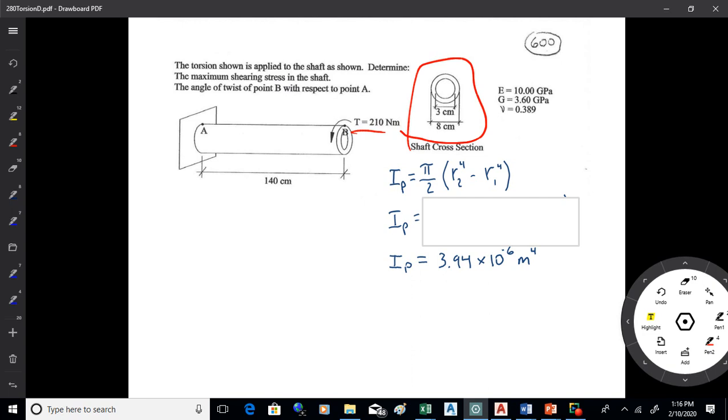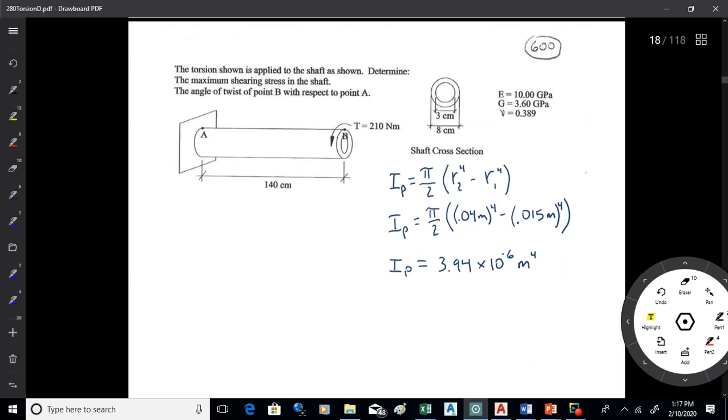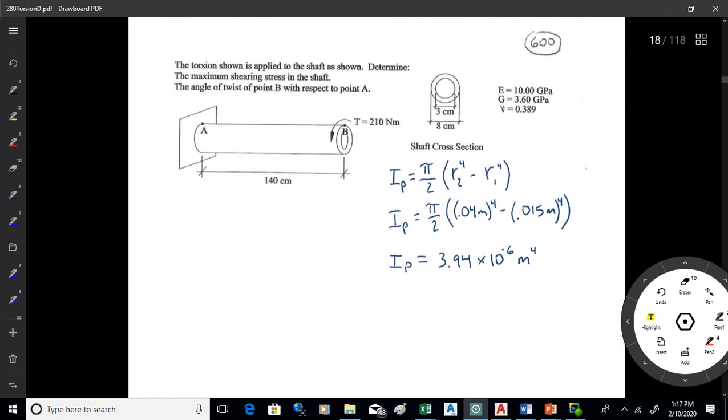We're getting that all right? 3.94 times 10 to the minus 6. So it's exactly 4 times 10 to the minus 6, so 0.04 to the 4, then take away 0.015 to the 4. Okay. Doing all right?